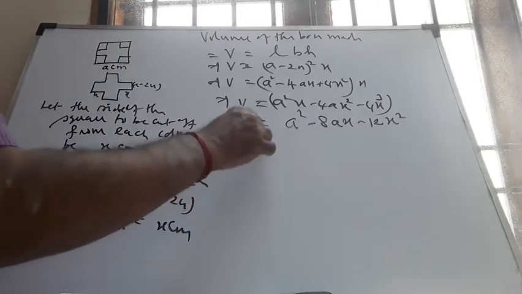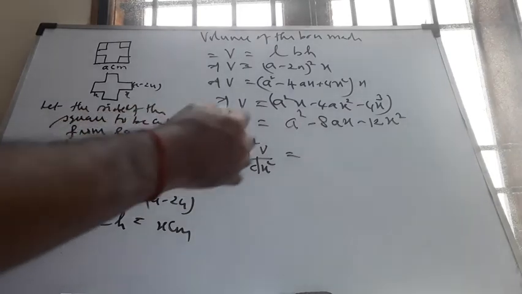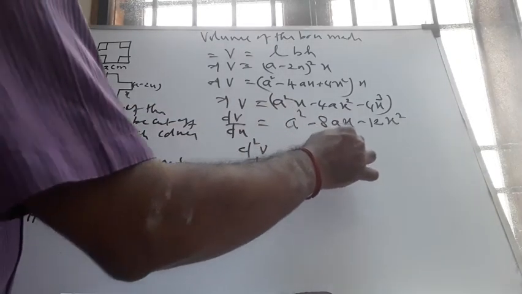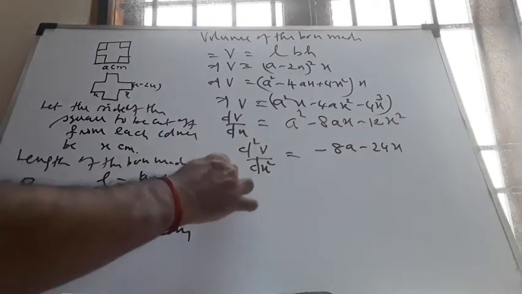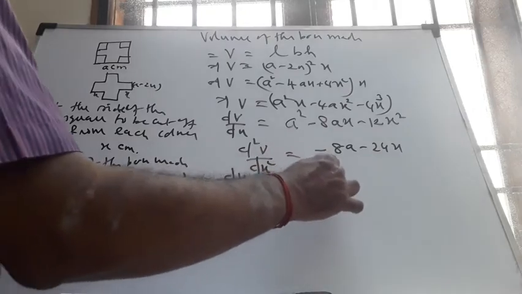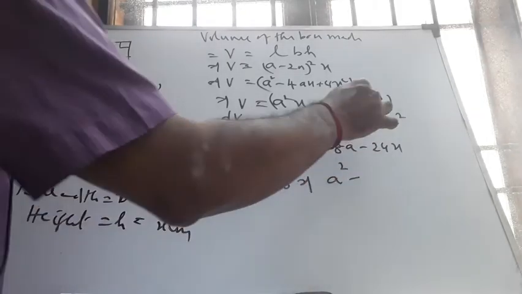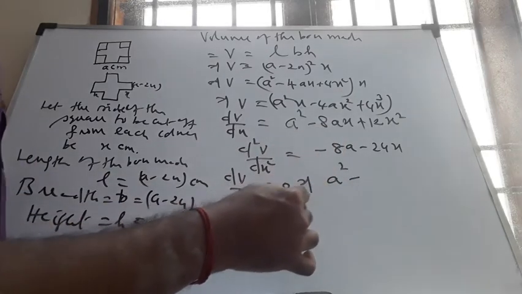Okay, now d square V by dx square will automatically be equal to minus 8a plus 24x. Now listen carefully, dV by dx is equal to 0 implies a square minus 8ax plus 12x square is equal to 0. Am I right?